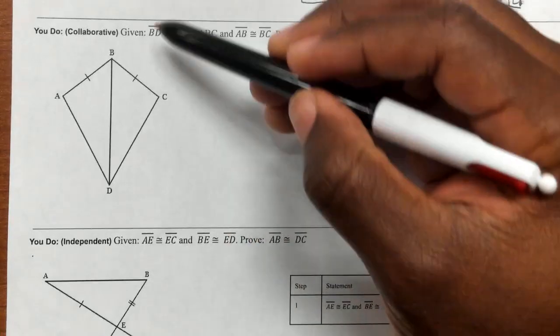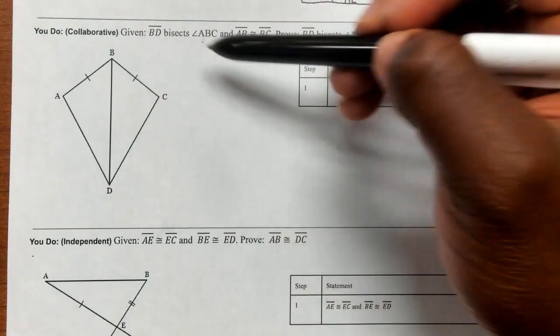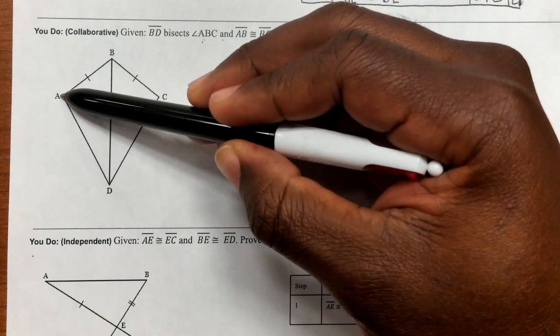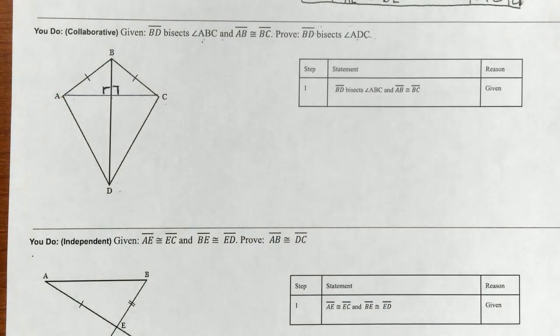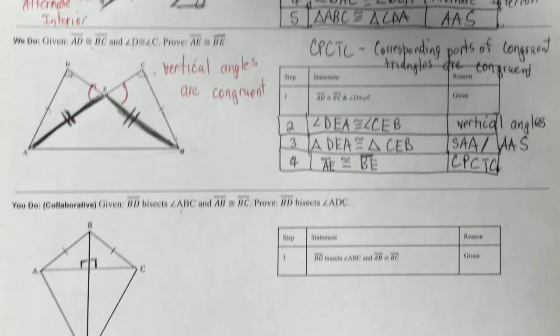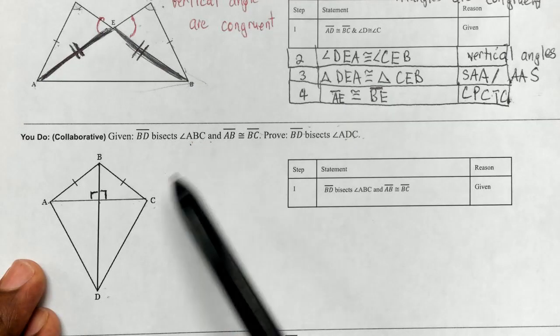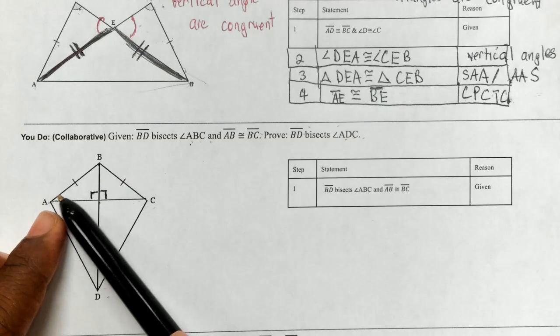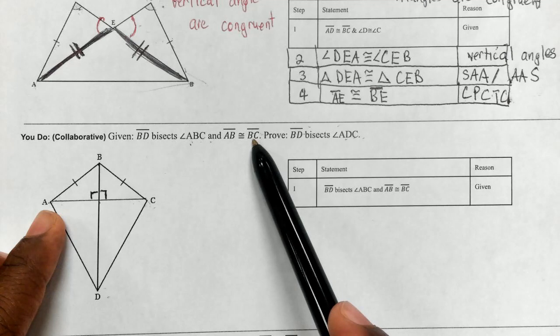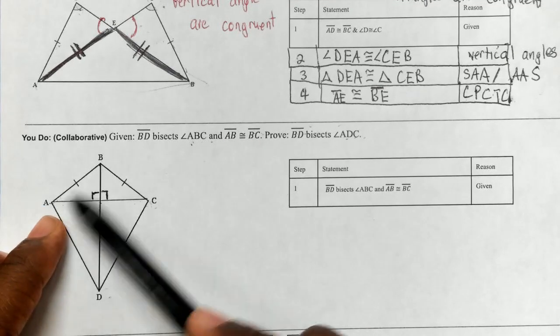Well, the next one says, given that BD bisects angle ABC, and AB is congruent to BC.